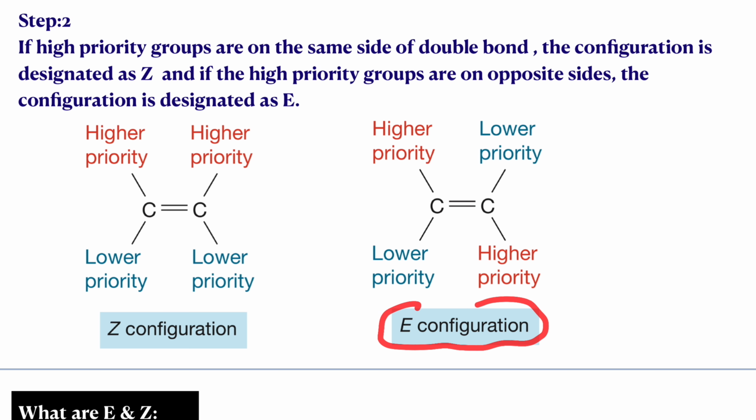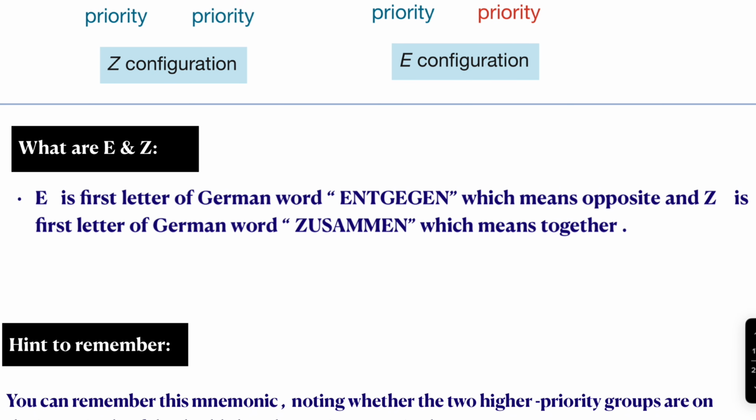In that situation, the molecule is said to possess E configuration. Now let us see what E and Z are. Here E is entgegen, which means opposite. Z is zusammen, which means together, otherwise same side. If high priority groups or low priority groups are on opposite sides, then we use configuration E. If they are on the same side, then we use configuration Z.